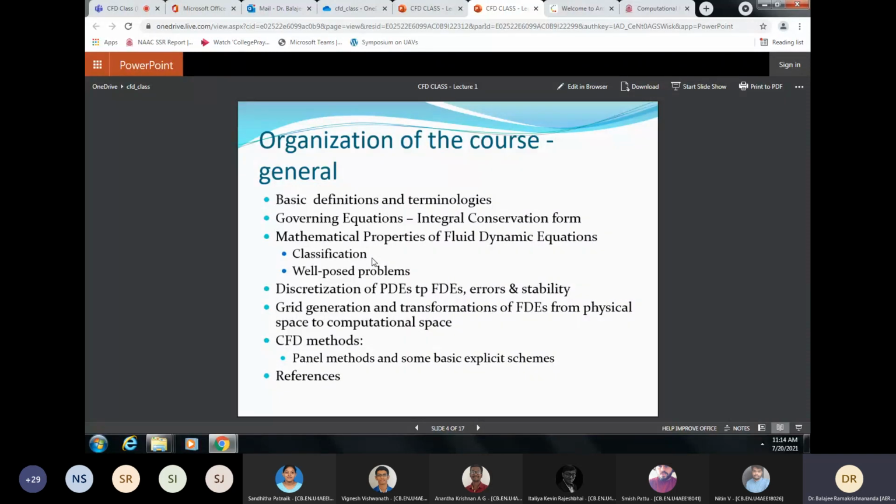The simplest CFD method you might have already used is the vortex panel method or source panel method in an earlier course. We look at some other methods also, not complicated, say some better methods for other types of problems.